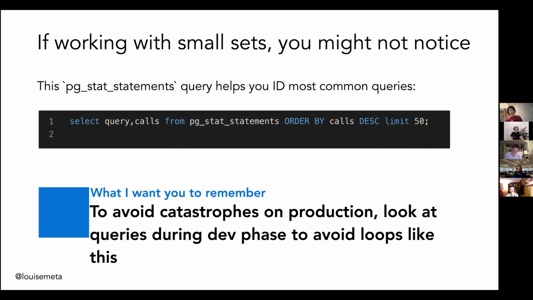One thing that can help you catch those is, again, pg_stat_statements, because it records the number of calls a query has had, so you can easily have a count on that. If you run a query like select query, calls from pg_stat_statements, you will have the 50 most used queries, and that can give you an idea of whether something is wrong.